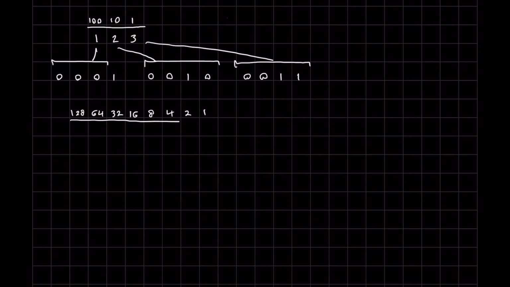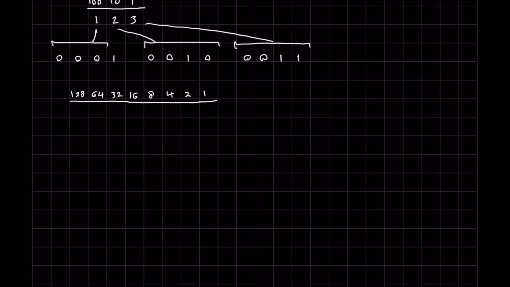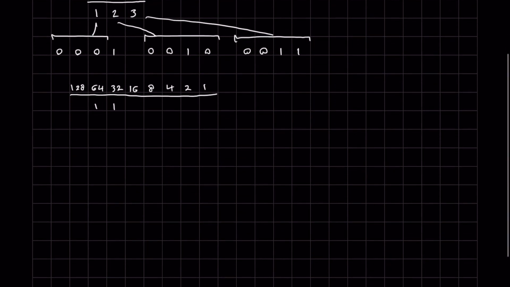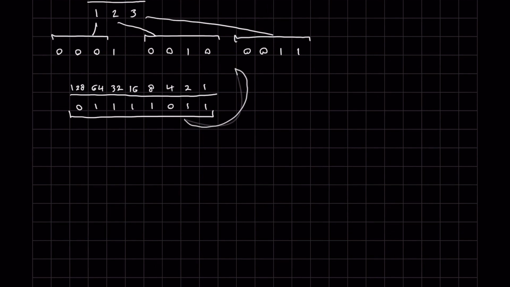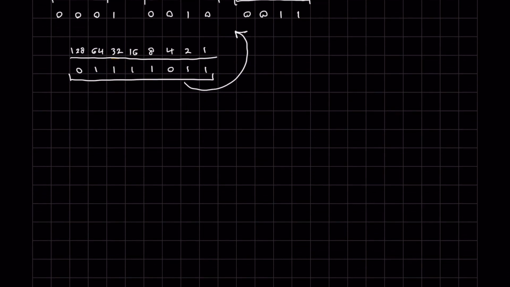If we want to make the decimal number 123, it would be 64 plus 32 plus 16 plus 8 plus 2 plus 1. So how do we turn this number into this number? Well, to do that, we're going to use the Double Dabble algorithm.